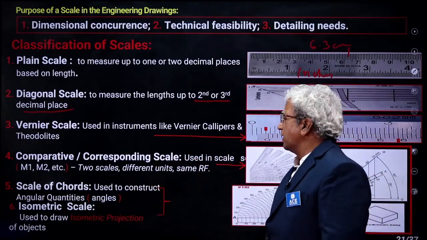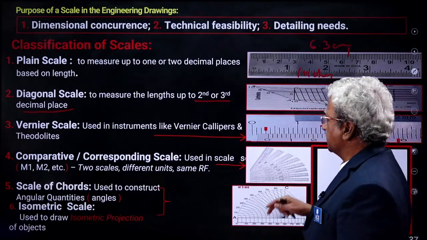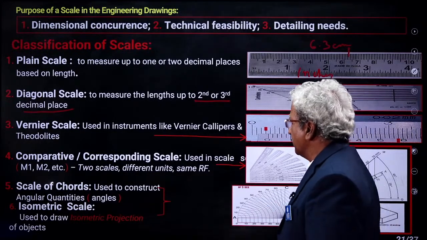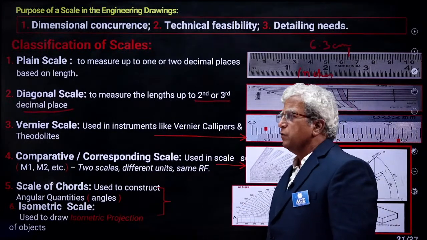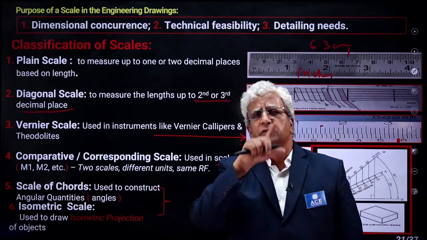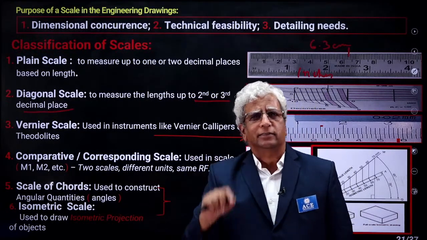So scale of chords is used to what? To set angles. To set angles, we use that in the absence of an angle measuring instrument. And then the isometric use. We have seen in the orthographic projections, only in each view you have a length and width or length and height, like that, or width and height.